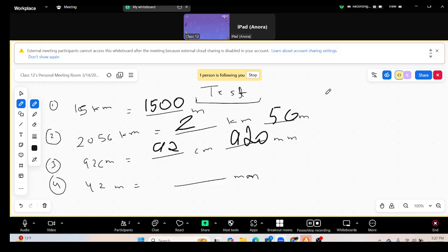Meter to millimeter. This is a bit tricky one. I didn't think you would... Okay, it's not that tricky. What do we go for?